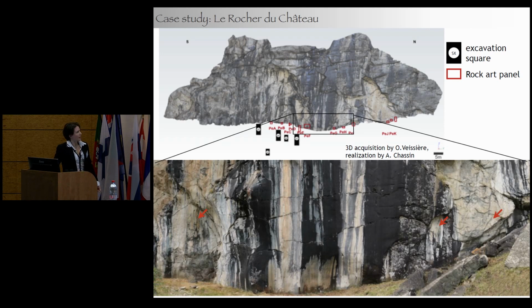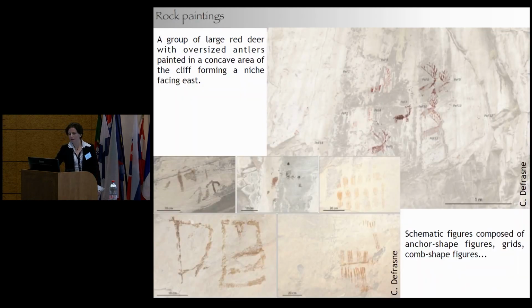2000s. And we try to understand the development and the different figures we can find in this Rocher du Château. So, a large panel with a red deer with oversized antlers, painted in a concave area of the cliff, and also schematic figures composed of anchor-shaped figures.